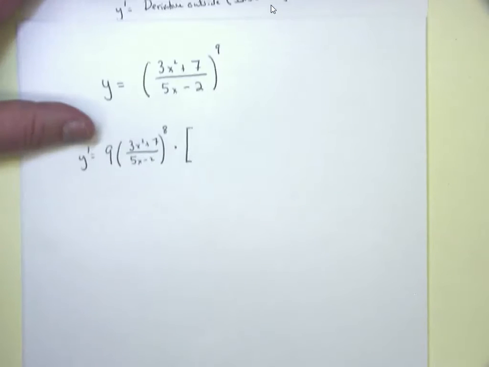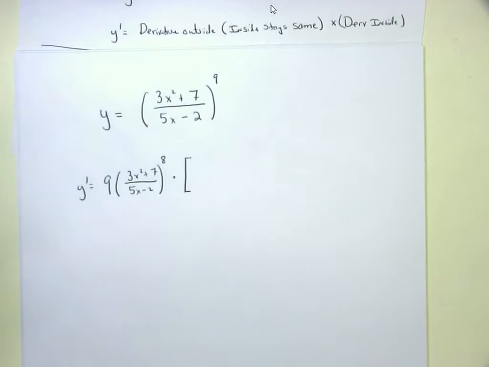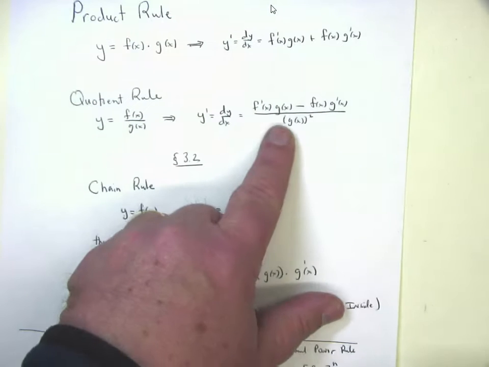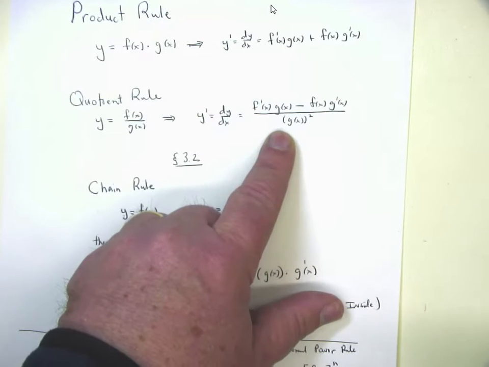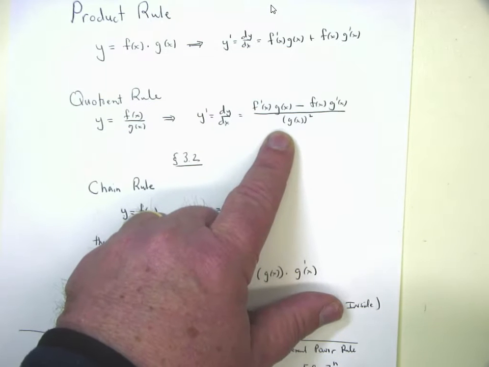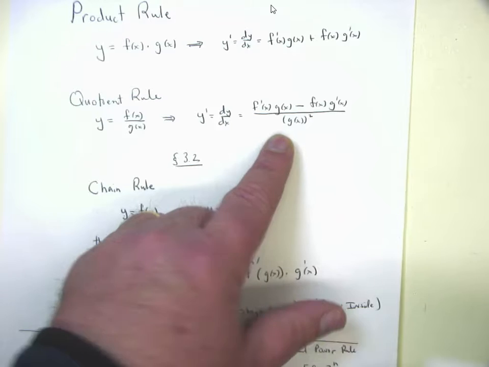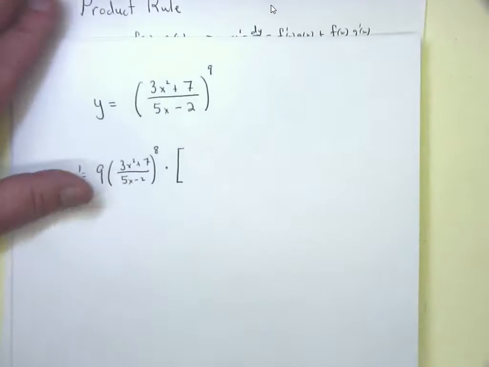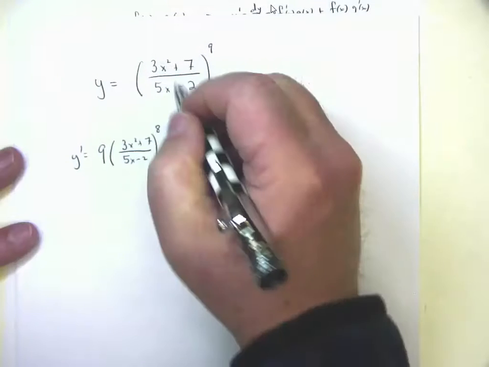And the derivative of the inside, I see a quotient. I see the 3x squared plus 7 divided by 5x minus 2. And so we go back and go, oh, what was the quotient rule? And again, you can memorize the words here. I mean, remember the formula, but the words are so much more helpful. It's derivative of the top times the bottom minus the top times derivative of the bottom, all over the bottom squared. So that's what I'm going to do right here. For the quotient rule, I'm going to take the derivative of the top.